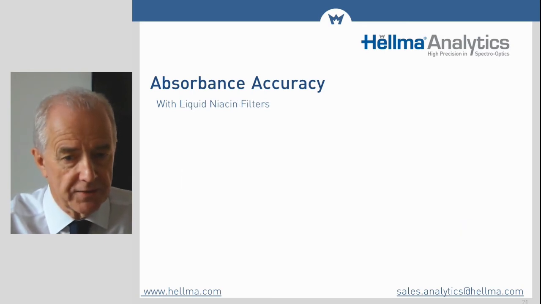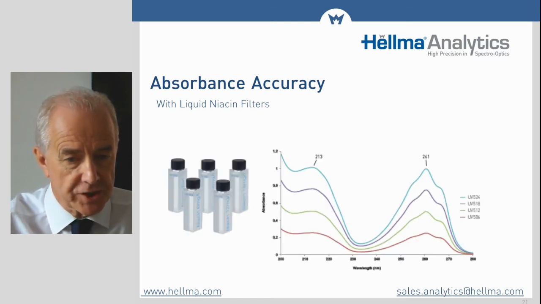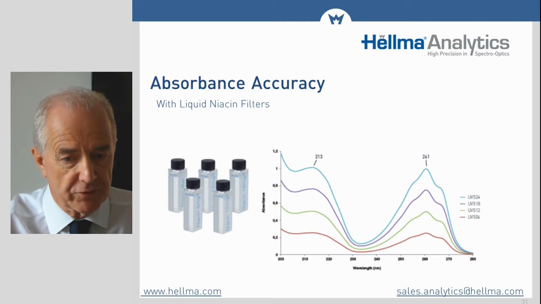And finally, there is niacin or nicotinic acid liquid filters that at different concentrations have absorbance levels from 0.25 to 1, measured at 213 and 261 nanometers, deeper in the UV range, making them very useful for validating spectrometers used in specific life science applications.